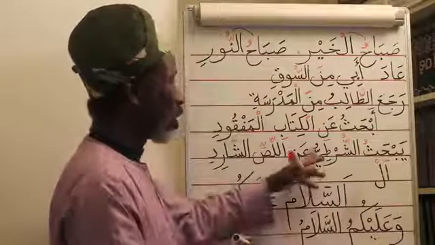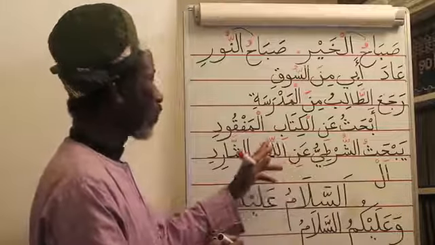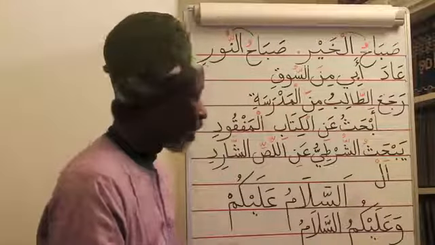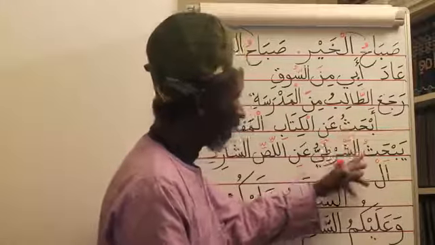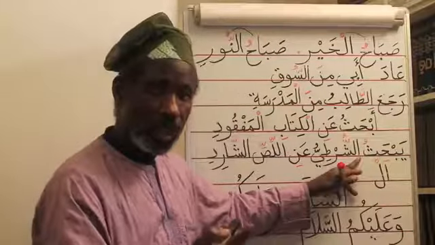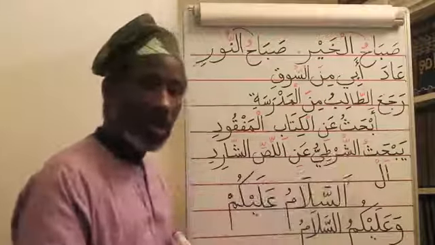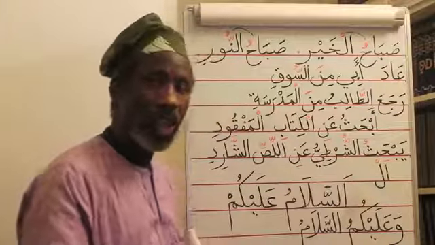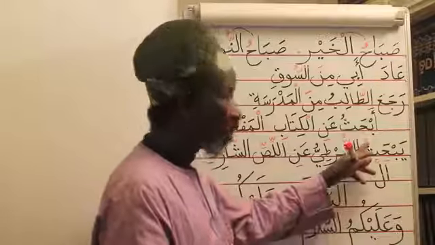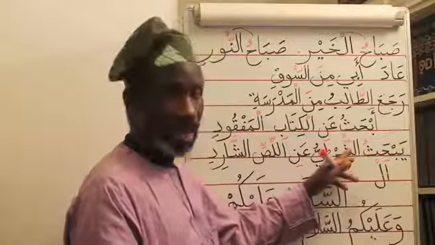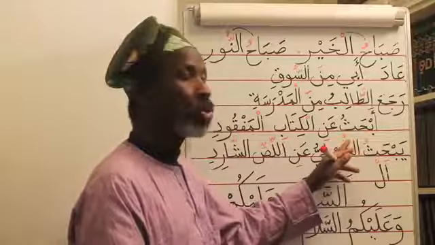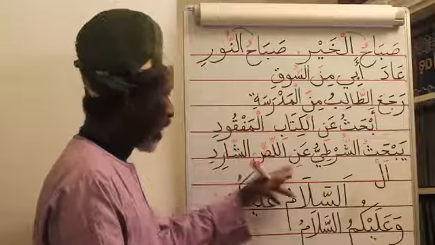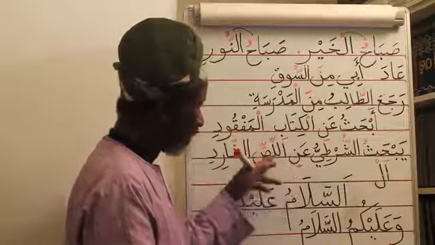Next sentence. يبحث الشرطي عن اللص الشارد. Let's analyze this. يبحث. Again, alif is silent because it's not at the beginning. Lam is silent because shin, which is a sun letter, comes after it and is carrying the shadda. Therefore, you link the thu with the first shin, which is carrying sukun. يبحث الشرطي عن اللص.